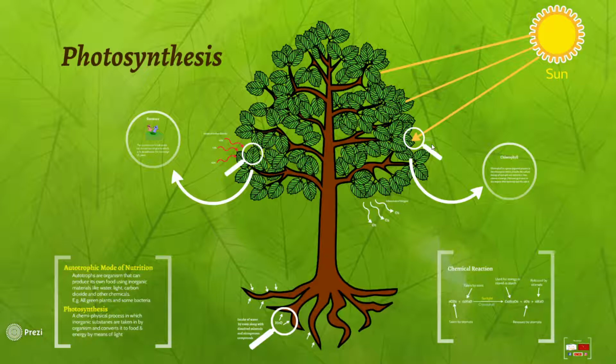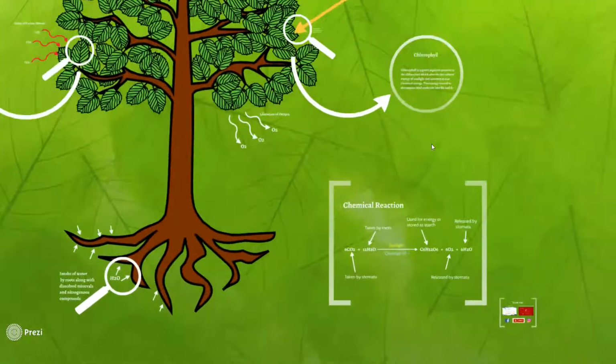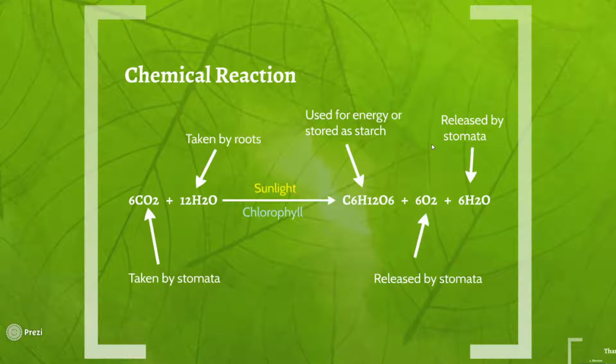Coming to the chemical reaction of photosynthesis, we come to know that 6 molecules of carbon dioxide, when reacted with 12 molecules of water in the presence of sunlight which is absorbed by chlorophyll, give you 1 molecule of glucose, 6 molecules of oxygen and 6 molecules of water.